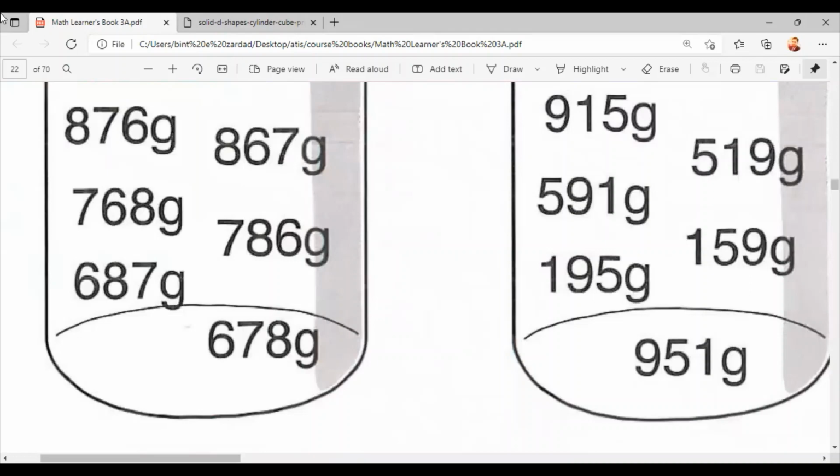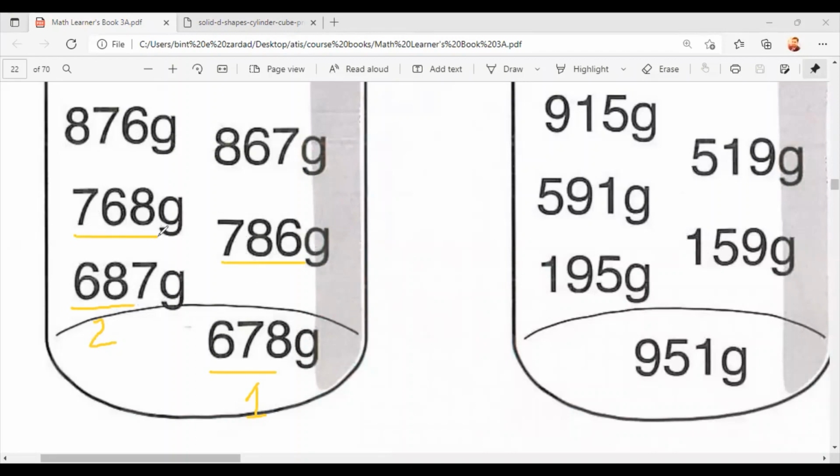If you want to arrange from the smallest to the largest, these are all 3-digit numbers. So it means hundreds. So this is 800, bigger one. 700, bigger. 600. So we have 2 numbers now. From these two, we need to choose the smallest one, 687 or 678. 678 is the smallest one, and then the second smallest, 687. Now 600 finish.